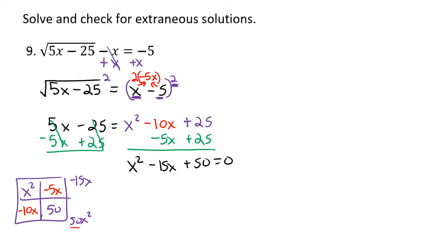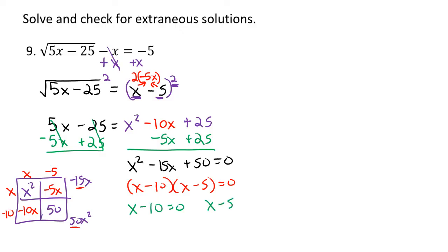So they'll multiply to make 50, but they will add to make negative 15. So our factors are (x minus 10)(x minus 5) equals 0. Use your zero product property, and then you'll have x is equal to 10 and x is equal to 5.